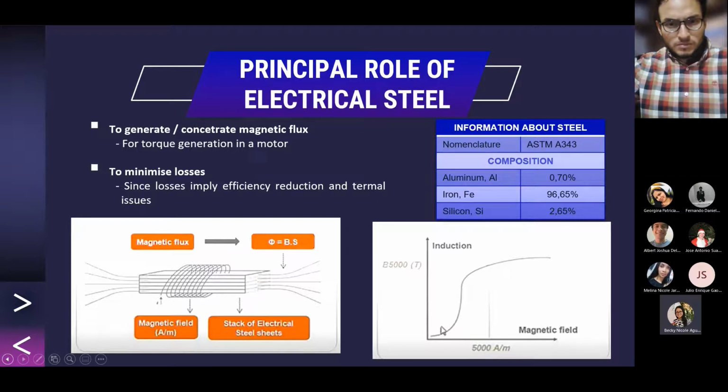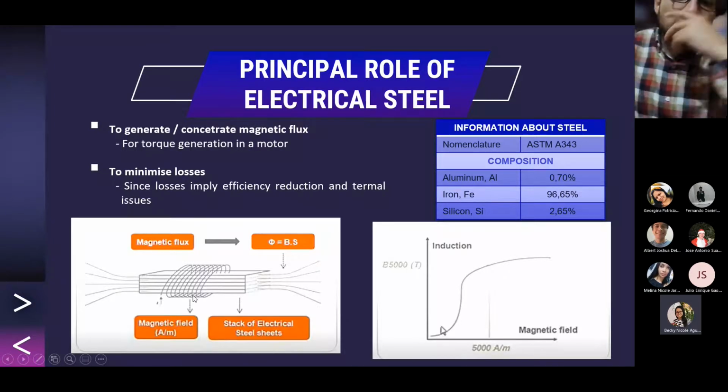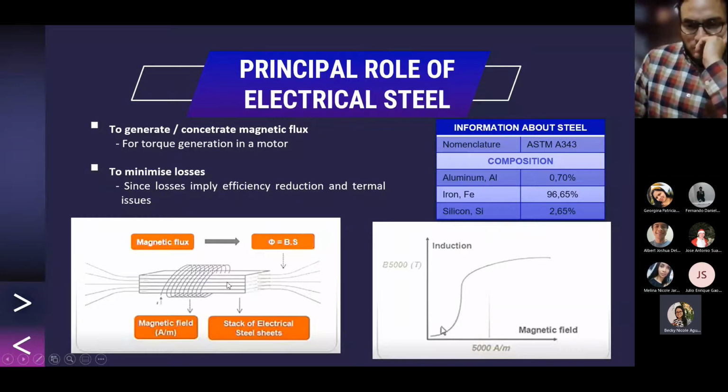Now I will try to explain why electrical steel is needed in an electric motor. The operation of an electric motor is based first of all on the copper windings, where pairs of windings are put, and this injection of current will lead to the magnetic field that will be able to generate a flux, and this flux will be able to deliver a torque in an electric machine, and therefore an output power.